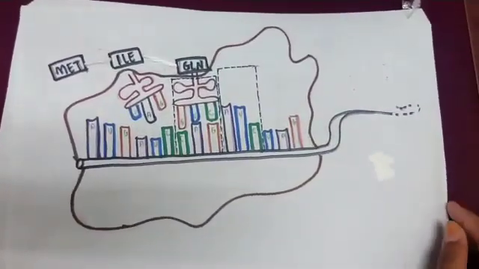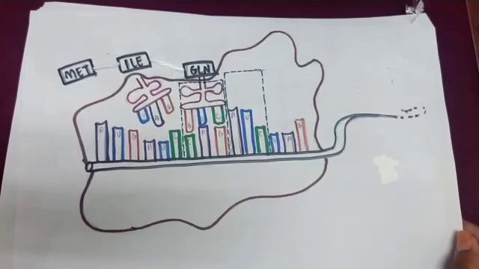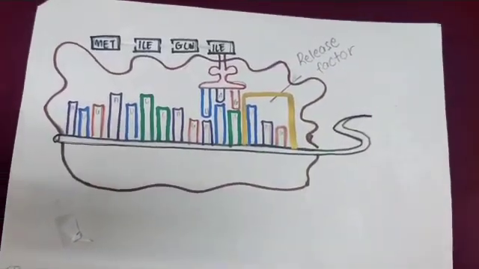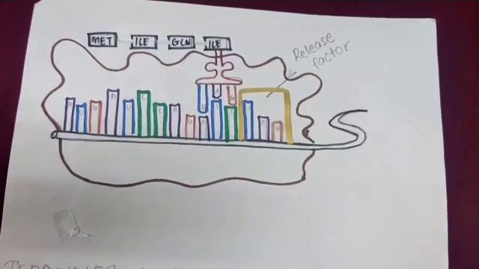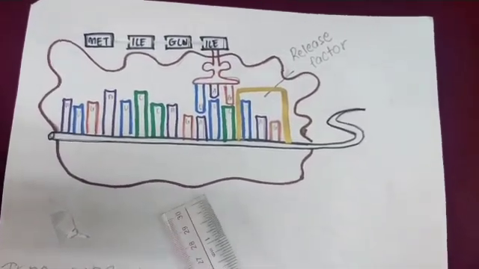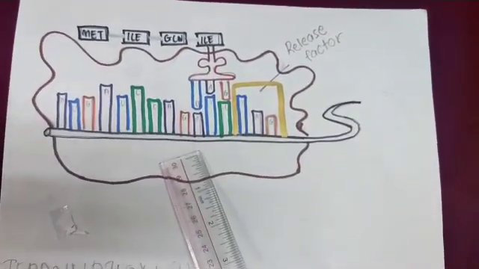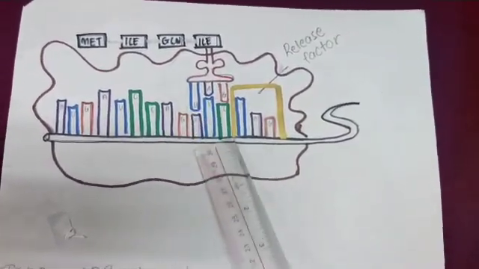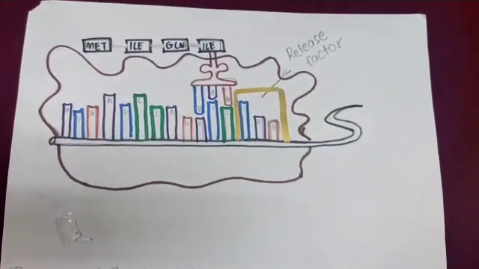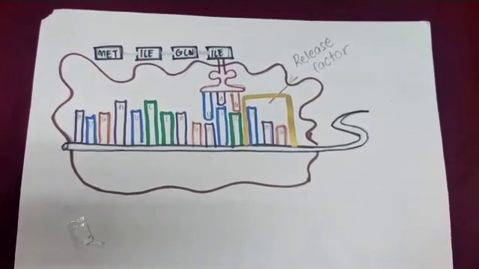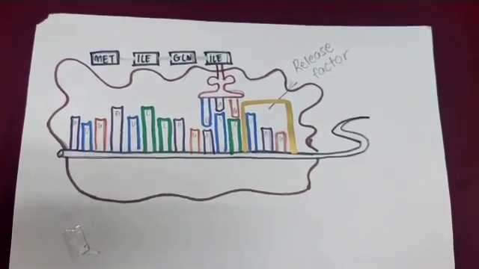The entire reaction is catalyzed by ribosomal RNA. Once the termination codon is reached, the synthesis of the polypeptide chain stops. Interesting, I can say, in the process of translation, the information present in the mRNA is decoded.